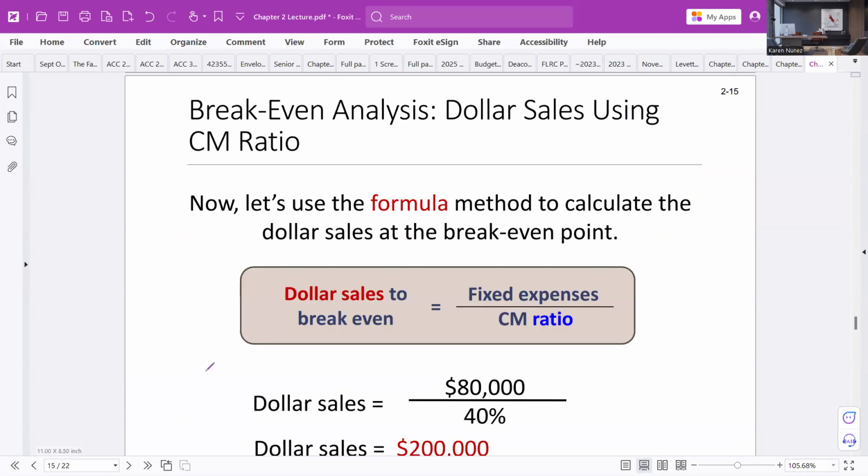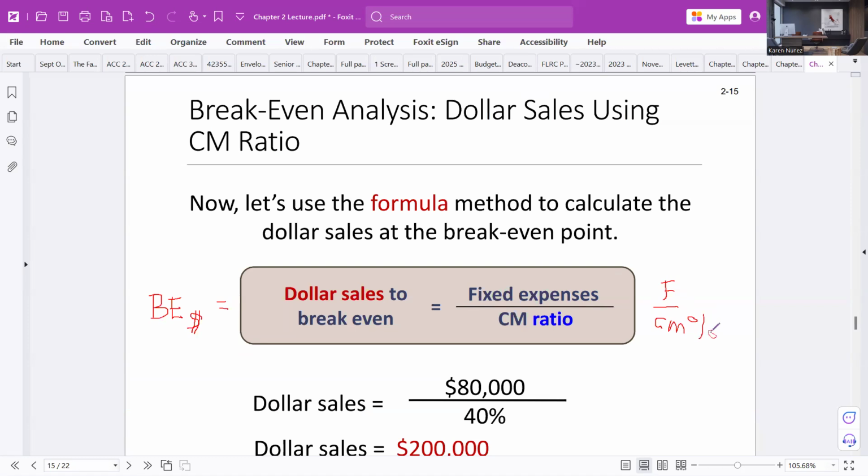Now, if we want to calculate break even in dollar sales, so not break even units, but the sales dollars that we need to break even, well, it's the fixed expenses, right? So again, F, the fixed expenses divided by the contribution margin ratio. Contribution, that is a C, sorry for my bad writing.